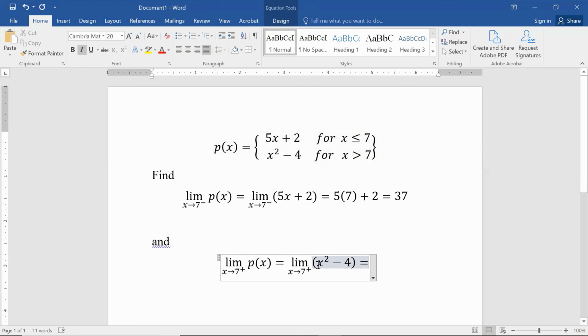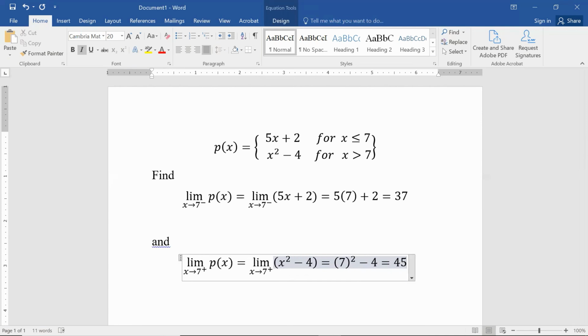Because x squared minus 4 is a nice polynomial, I can simply plug in the number 7 for that. And on the right-hand side, I would get a 45.